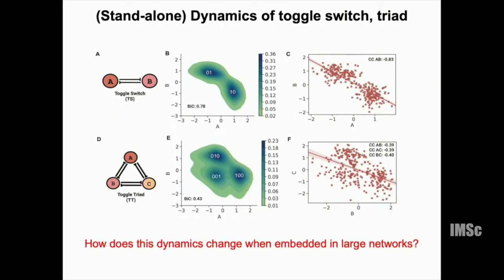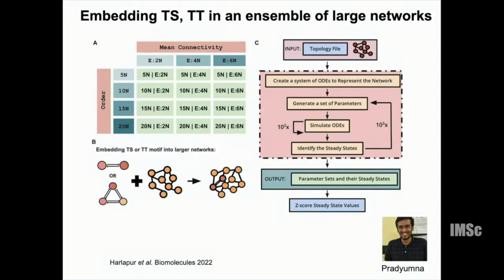So then the question is, how does this dynamic change when you embed it in a large network? This work was led by Pradyumna, who was then a master's thesis student at IISER Bhopal and has now joined us for PhD. What we have done here is take different external networks of different sizes, 5 node, 10 node, 15 node, and 20 node, and also different densities.